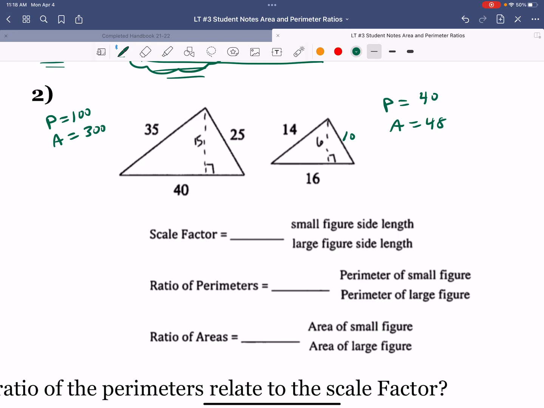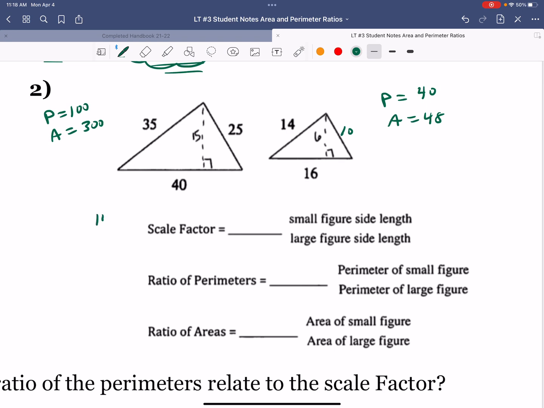So the scale factor is going to be 14 over 35 if I'm using these two, which reduces to 2/5. The ratio of the perimeters will be 40 over 100, which reduces to 2/5. Again, similar. Ratio of the areas, 48 to 300, reduces to 4/25.